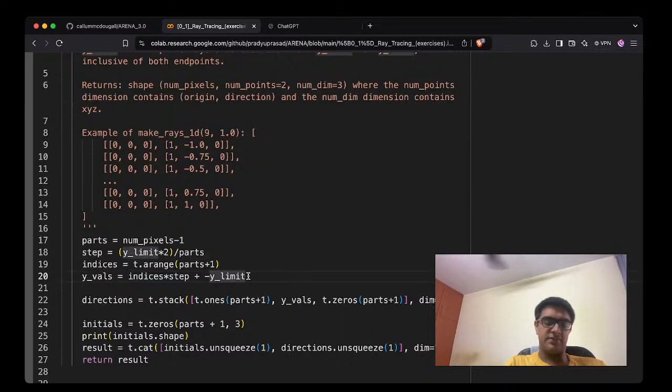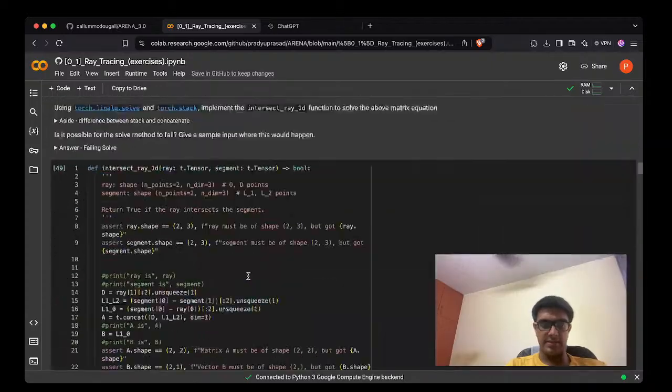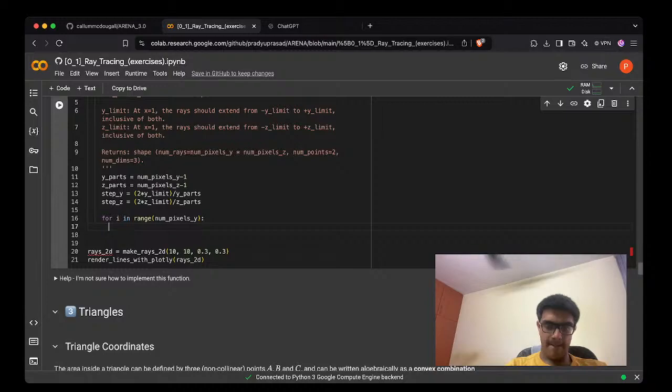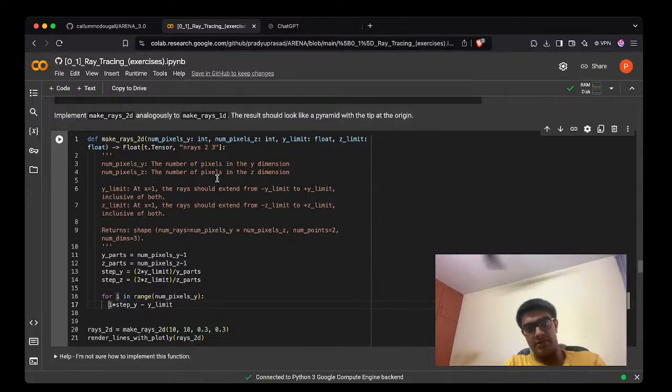So we get i times step y minus y limit, right? And then we say, hey, the x is again 0, right? Because we're going to start off at 0, 0, 0.